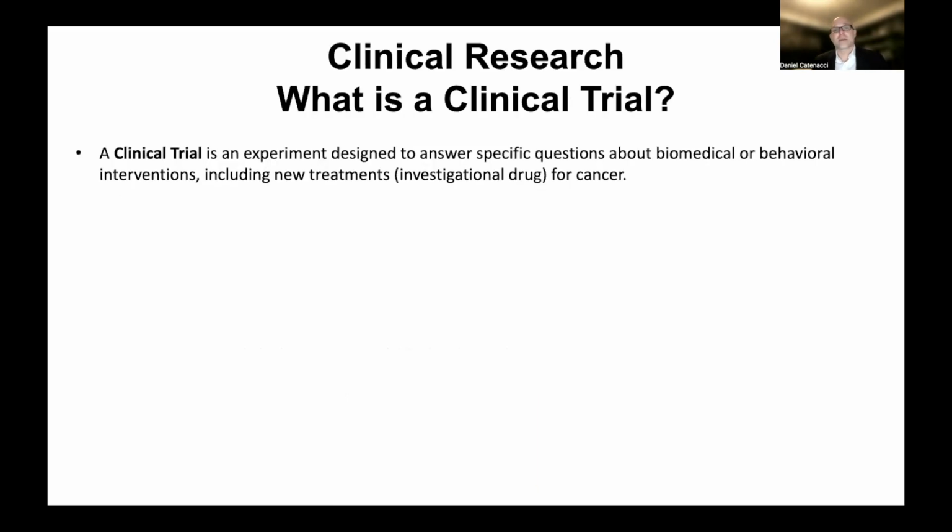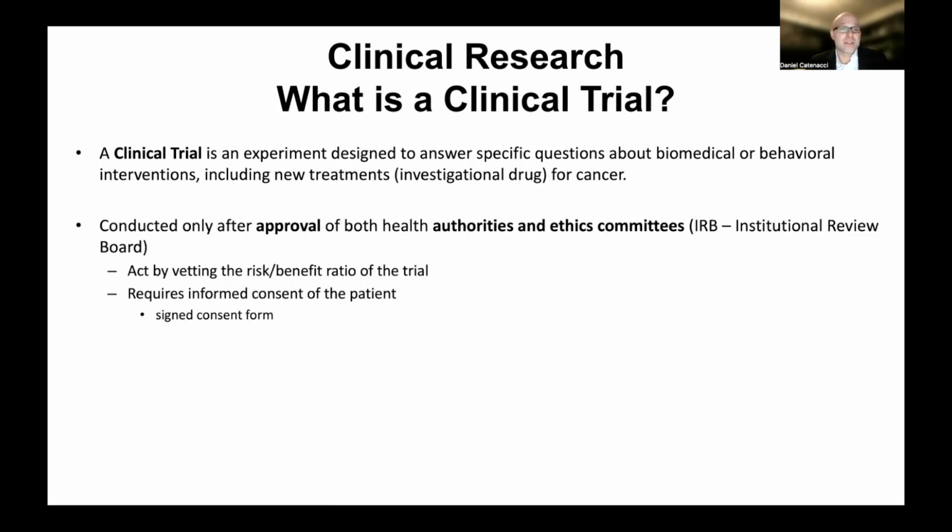So what is a clinical trial? A clinical trial is an experiment designed to answer any specific question about biomedical or behavioral interventions, including therapy, like new investigational drugs for cancer. These clinical trials are only conducted after approval of health authorities and ethics committees, something called an IRB, or Institutional Review Board, that review clinical trial protocols that are basically the rules of how the trial will be conducted.